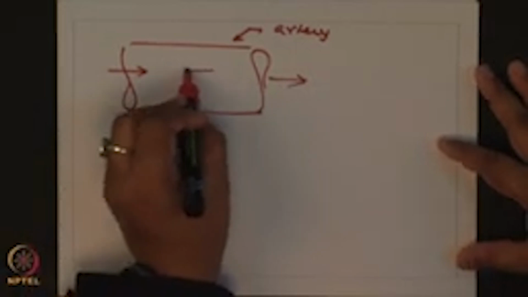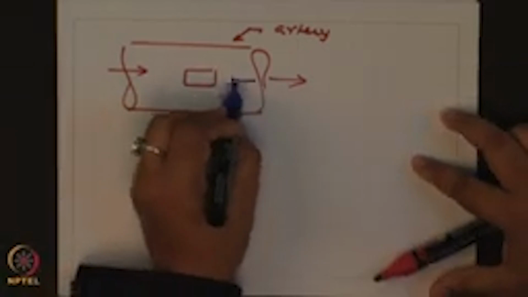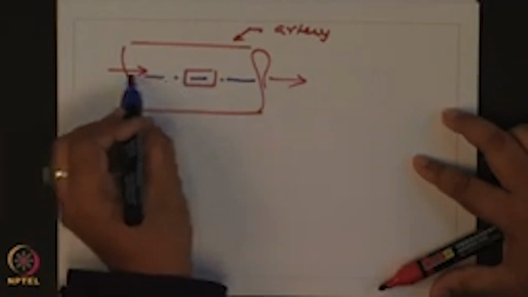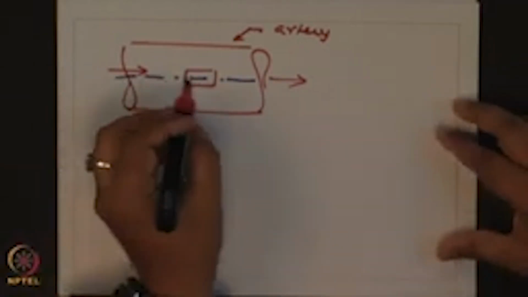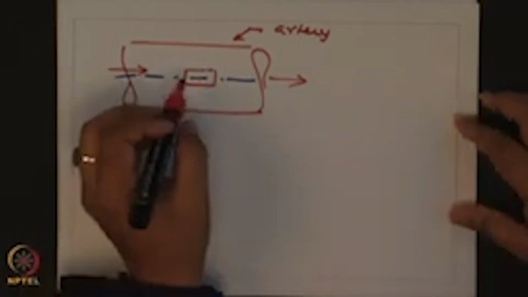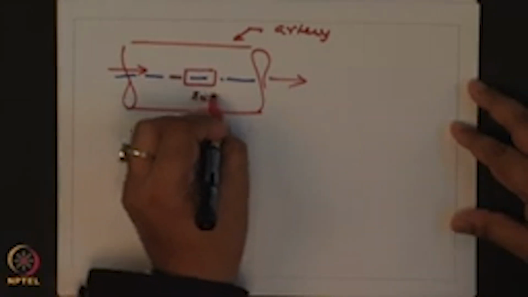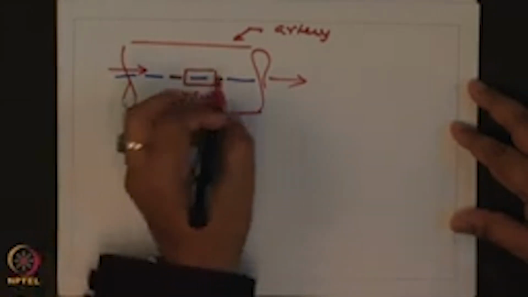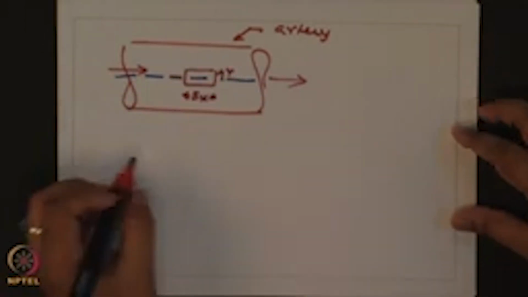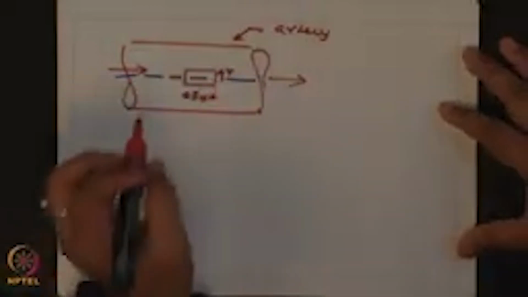So, if you take a small element, there is a line of symmetry down the center. Let us take a small fluid element in the center. What are the forces that this fluid element is subjected to? Let us assume that this length is delta x, and because it is a pipe, it is symmetric, so you have this radius r.